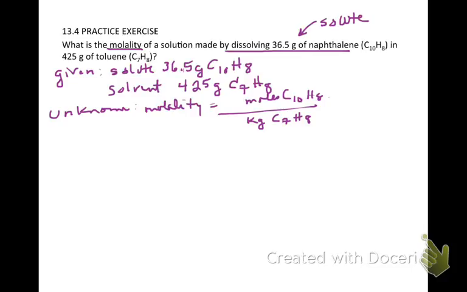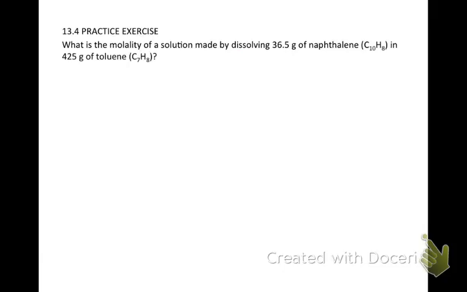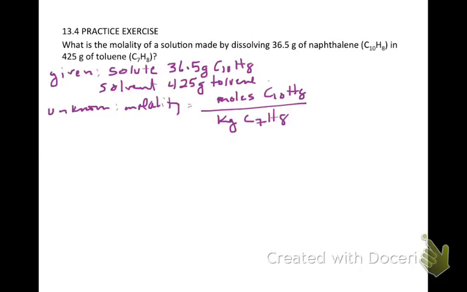Do I have enough information to calculate it? Well, oh no, I have to start over. I'm going to pause and rewrite, and then I'll come right back. Okay, so looking for moles of the naphthalene over kilograms of the toluene.